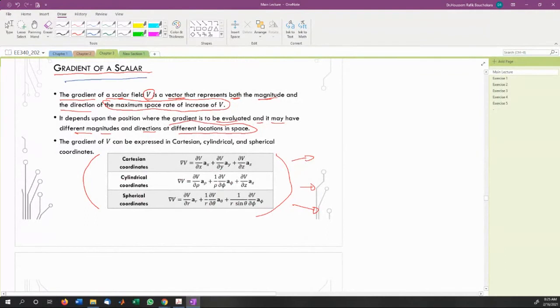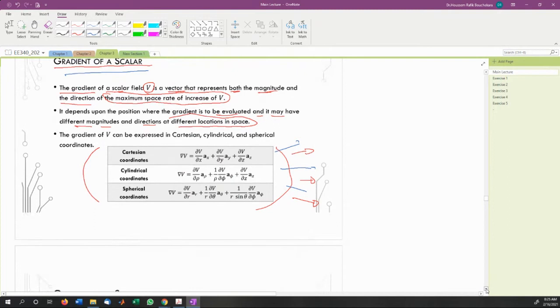Then we started with the gradient of a scalar. Okay, عرفنا ال gradient of a scalar، وأعطينا ال expressions في cylindrical coordinates، في spherical coordinates، وفي ال Cartesian coordinates.